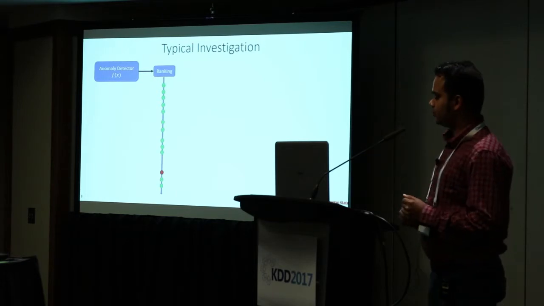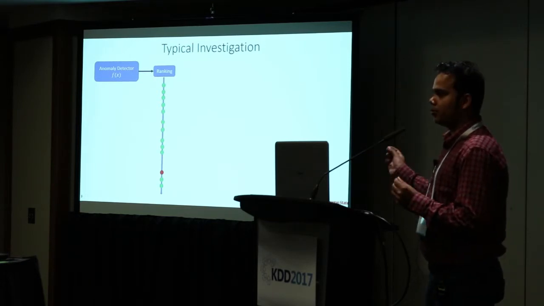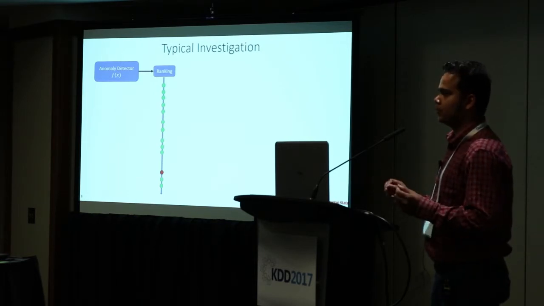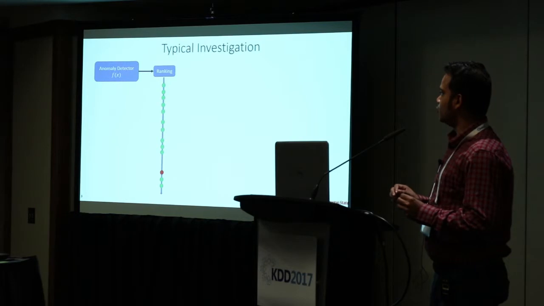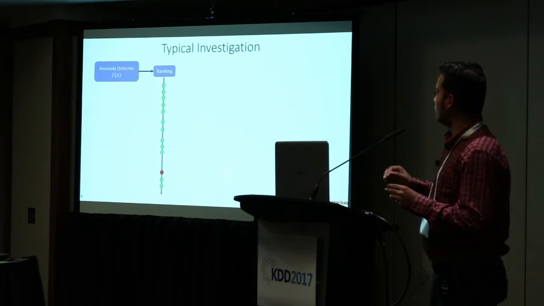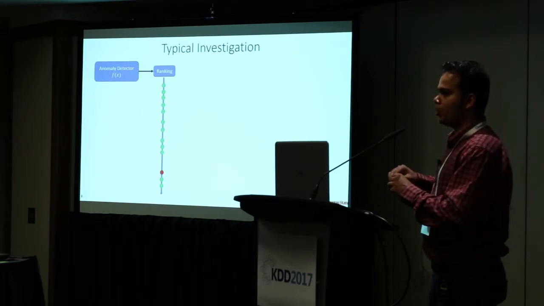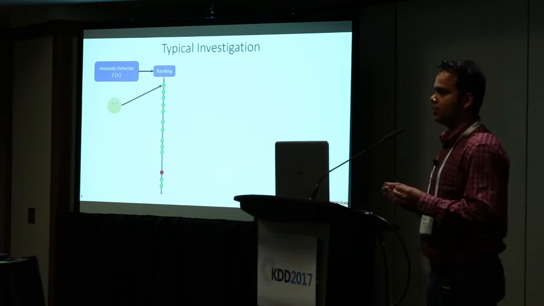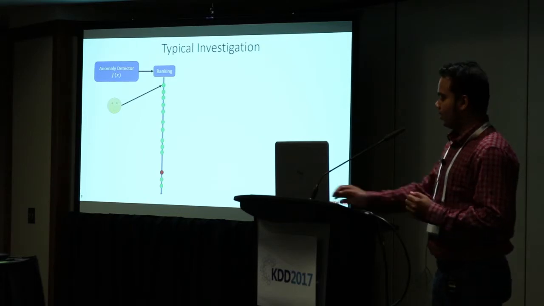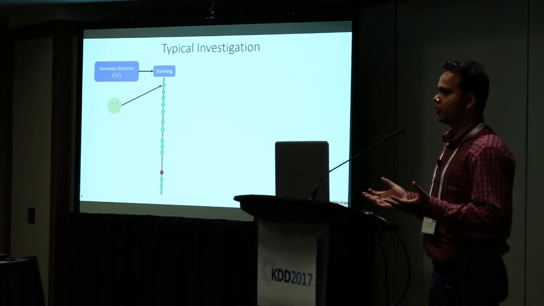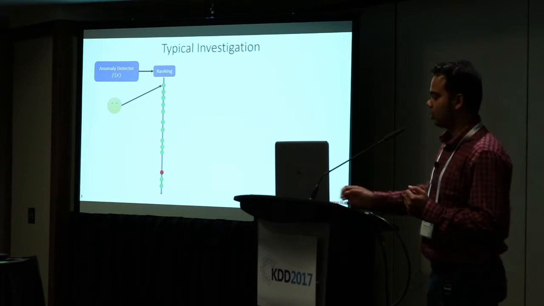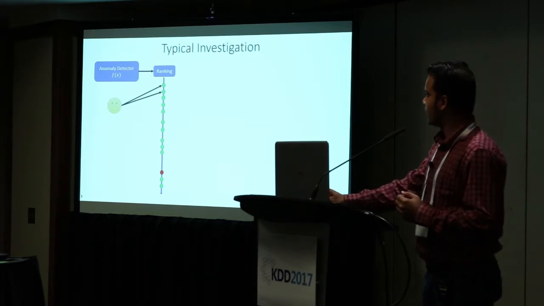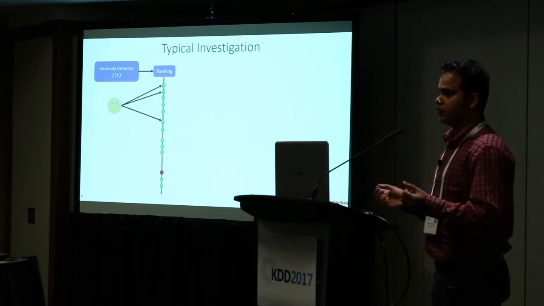Here the green objects represent normals and the red one represents an anomaly. Usually a system analyst goes through this ranking from top to bottom, one by one. The analyst looks at the top instance and examines it further, and if he doesn't find anything interesting, he simply moves to the next object. He continues this process until a budget expires.